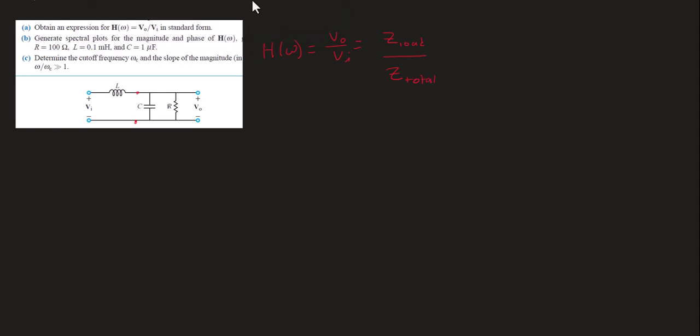And so the impedance of the load is the impedance of the capacitor in parallel with the resistor, and the total impedance is the impedance of the capacitor in parallel with the resistor plus the impedance of the inductor.